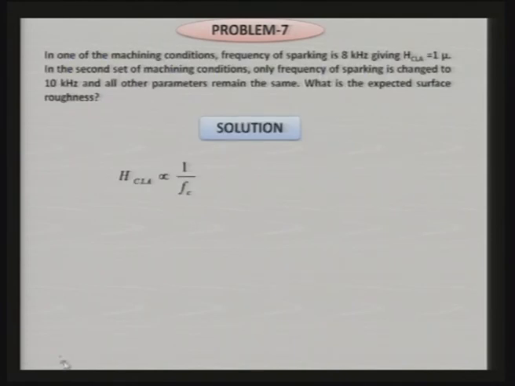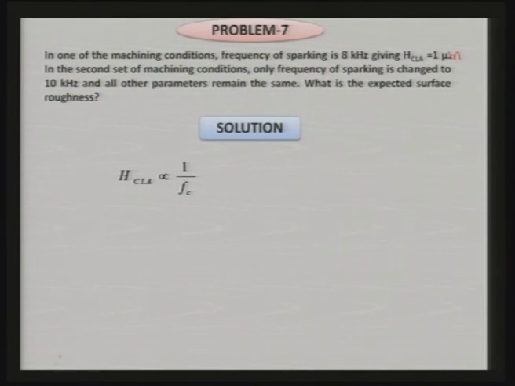Now, in one of the machining conditions, next problem, the frequency of sparking is 8 kilohertz, giving a CLA (center line average) value Ra of 1 micrometer. In the second set of machining conditions, only the frequency of sparking is changed to 10 kilohertz from 8 kilohertz and all other parameters remain the same. What is the expected surface roughness value?